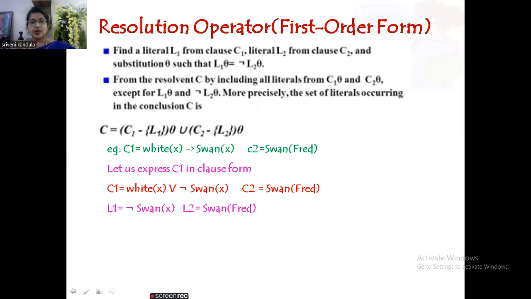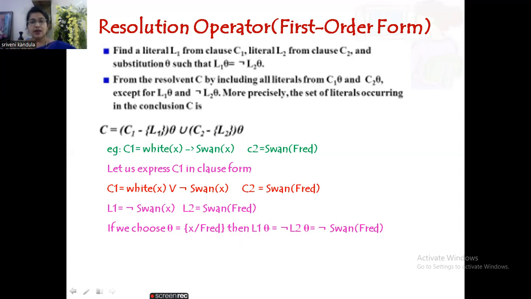Okay, so Spam we have selected and here it is in a substituted form. Here it is in X. So here you can understand where you should take substitution and what should be your substitution. Okay, so in order for these two to be the same, I have to substitute either my X with Fred or Fred with X. So the substitution that I am taking is X is substituted with Fred. That is the assumption I am taking.